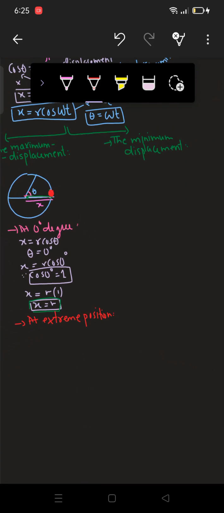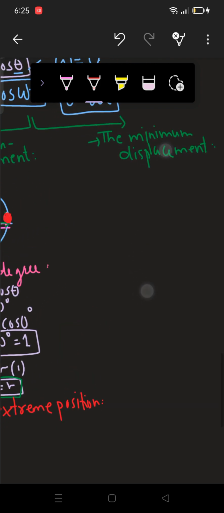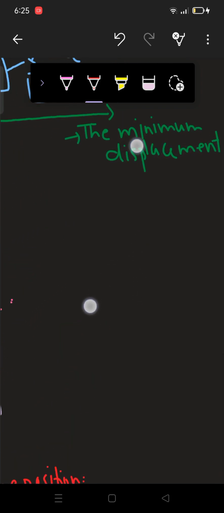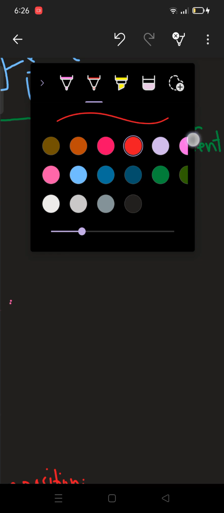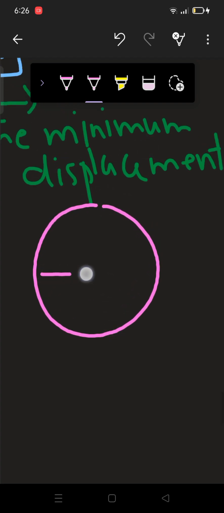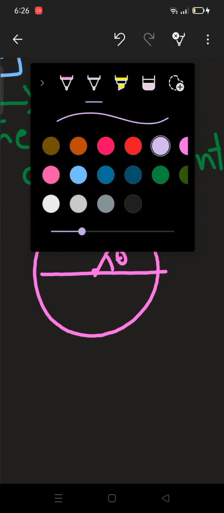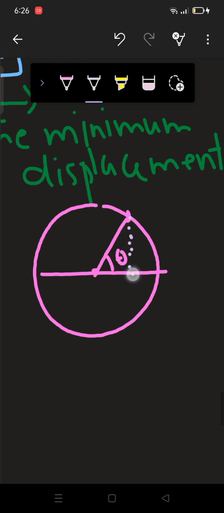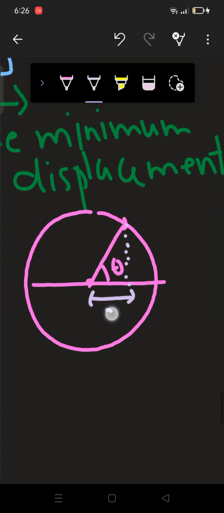Let's learn the second condition, which is the minimum displacement. Now see, what angle must I make so that I have minimum displacement? Initially the particle was here, making some theta with it. But now I want my displacement to be minimum. If I draw a projection here, I'll have some x.